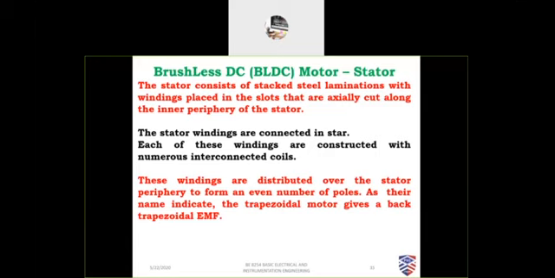This motor is also called trapezoidal motor because the driving voltage will be in the form of trapezoidal, that I'll show it to you later. Driving voltage will be like this. It's what's called trapezoidal motor.